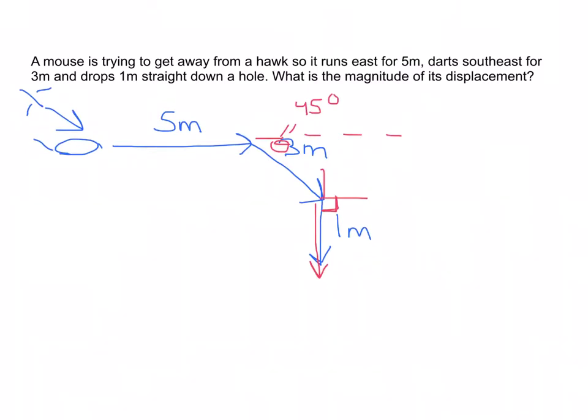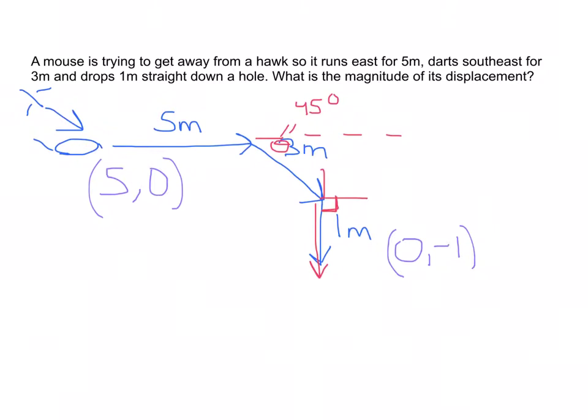The easiest thing to do is to write these different tracks here in component form. So this one's easy and this one's easy. Let's do those real quick. For this one right here, it's going to the right 5 meters, so that would be a component in the x positive 5, 0. And then this one here would be in the x 0 and the y negative 1.